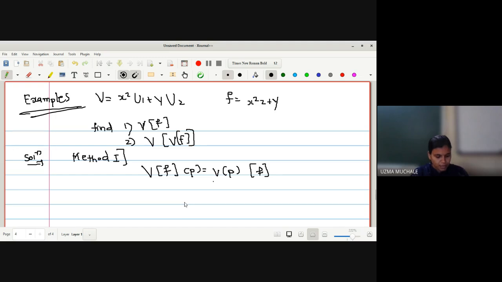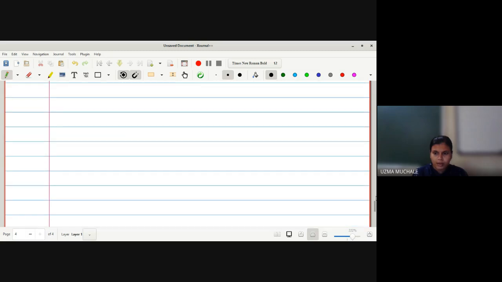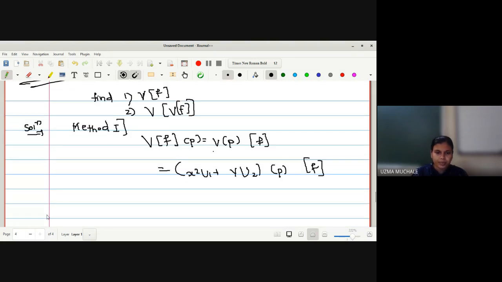Okay. So here we know what V is given to us. V is given to us as x square u1 plus y u2 evaluated at a point P. Here we have been provided f. So let us keep f as it is, because here we are evaluating this with the help of definitions. So let us keep this x square at a point P as it is.